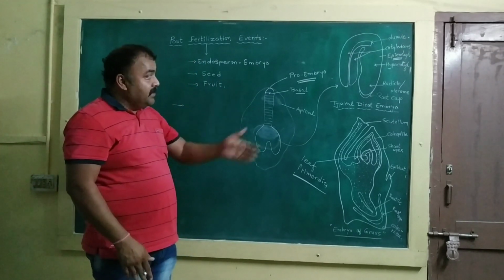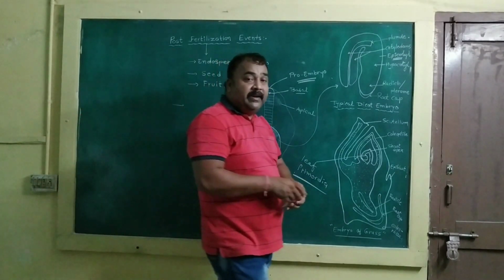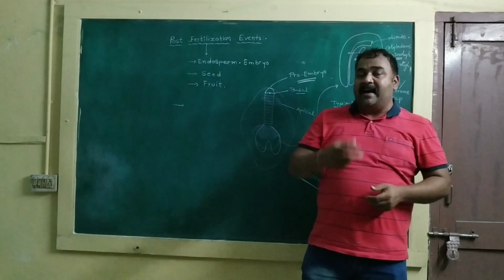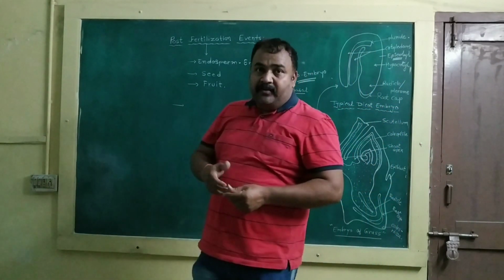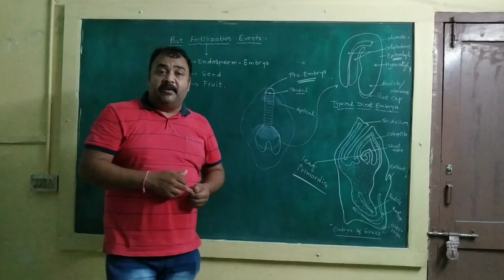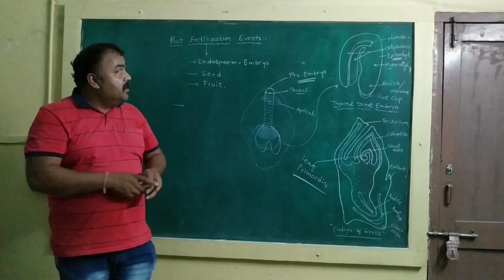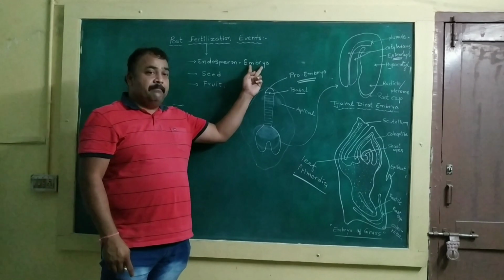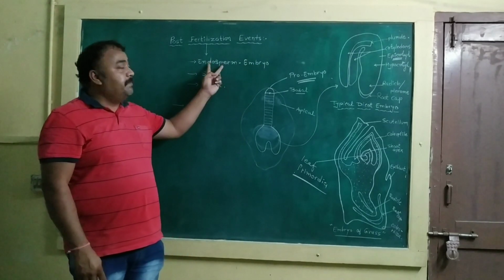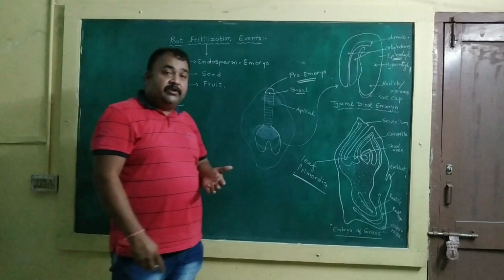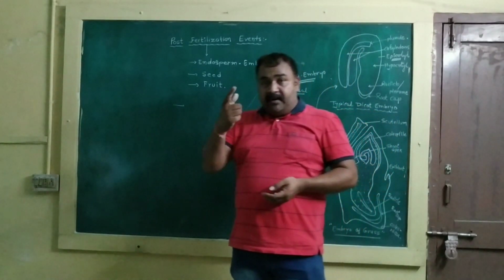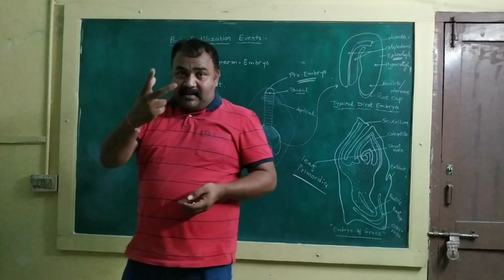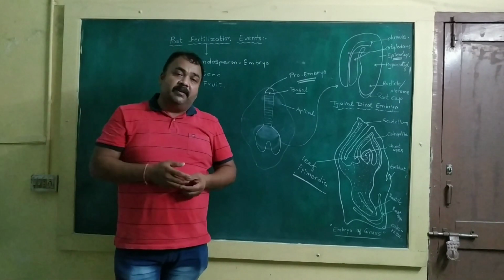So friends, in this video we have discussed two main aspects which are enclosed in post-fertilization events. One is endosperm development, another one is embryo development. Endosperm development, as we have discussed earlier, has three types: free nuclear, cellular, and helobial.